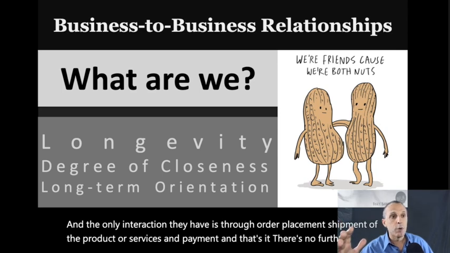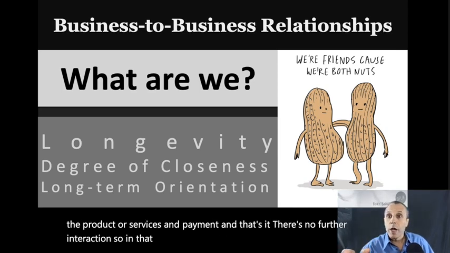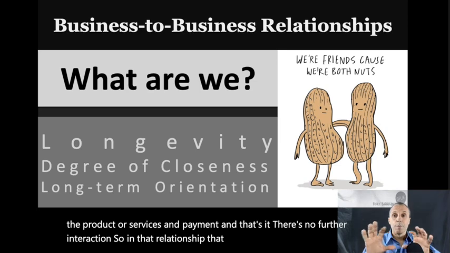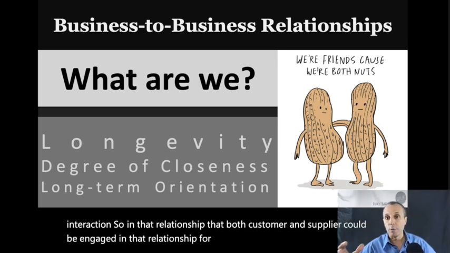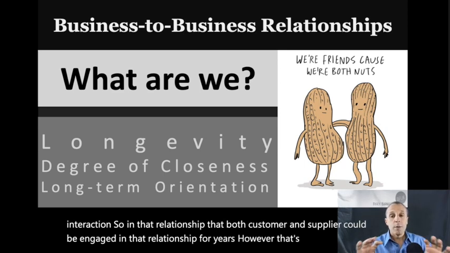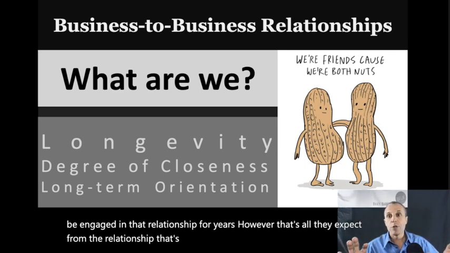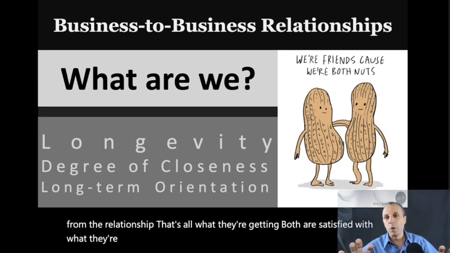There's no further interaction. So in that relationship, both customer and supplier could be engaged for years. However, that's all they expect from the relationship. That's all they're getting. Both are satisfied with what they're getting.